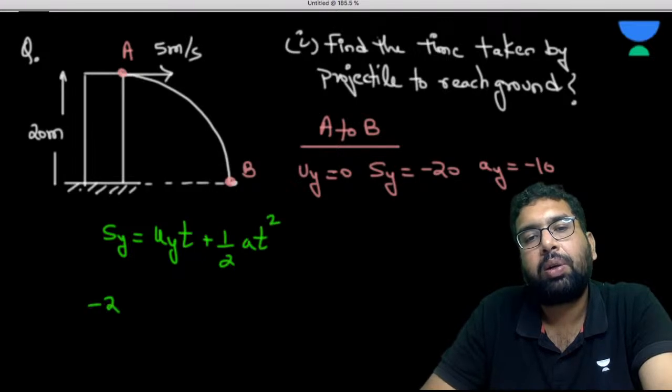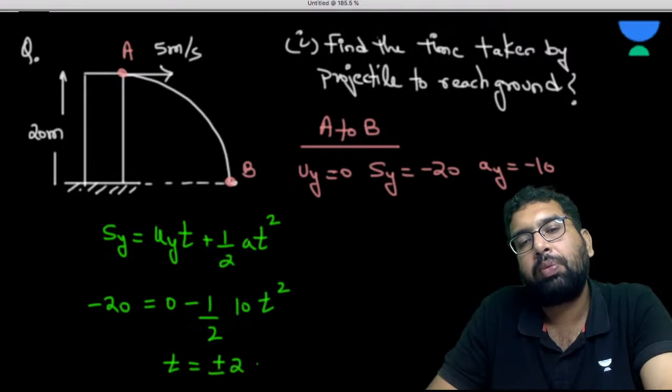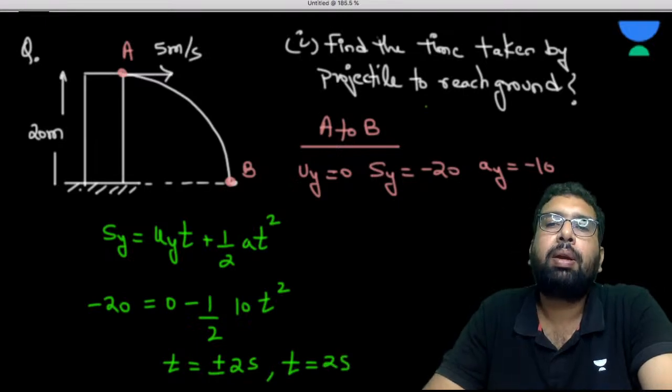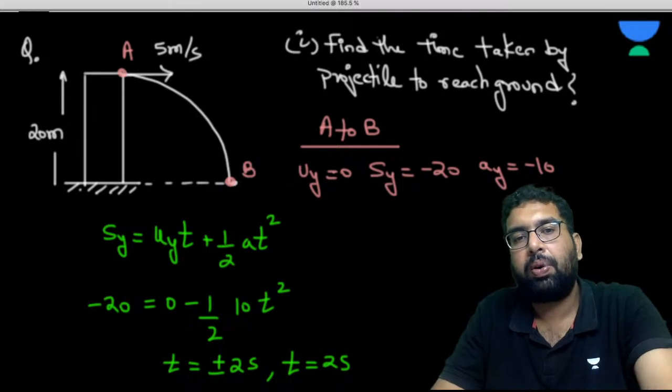So this is going to be minus 20, uy is 0, minus half, g is 10, and t square. So t is going to be plus or minus 2 seconds. That means t is 2 seconds. So it is going to take 2 seconds to reach the ground. Right? Okay. Now let's move forward.